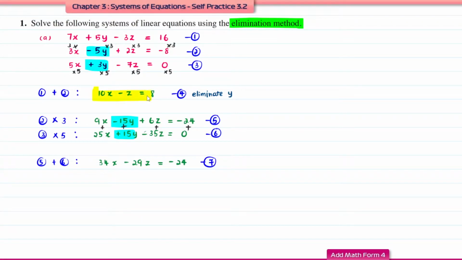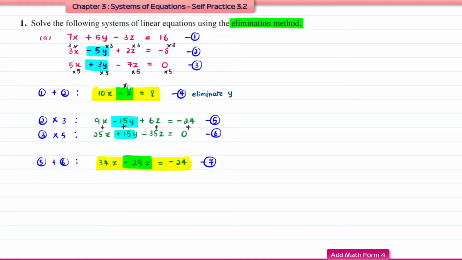Now look at equation number 4 and equation number 7 that we have here. To find either one of the values, we need to eliminate another variable. In this case, I'm going to choose the variable z. For equation number 4, the z is negative 1 and in equation 7 it is negative 29. So first we need to equalize the value of z.